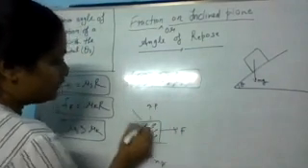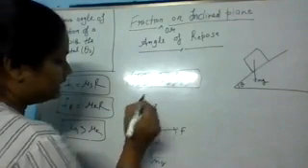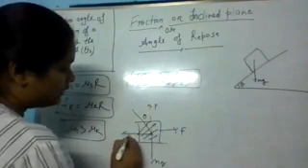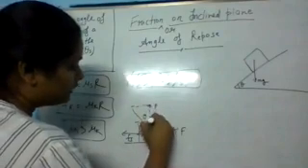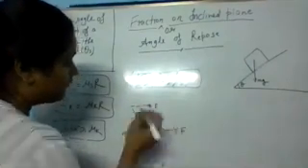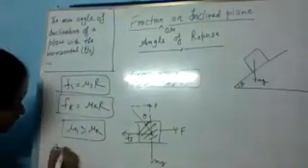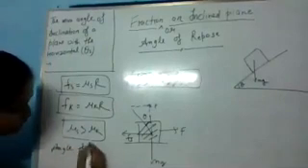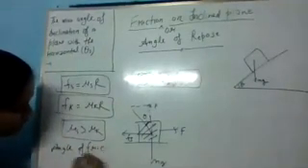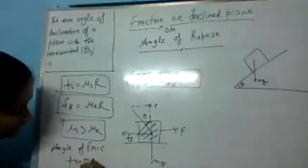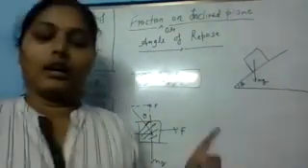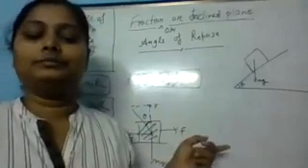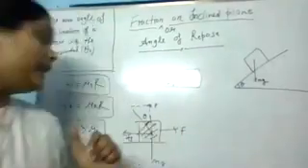And for the angle of friction, when this force is working like this and the reaction force is shifted by angle theta, and this is your static friction, we can easily find the angle of friction. The angle of friction is represented by tan theta. And what is the formula of tan theta? Perpendicular upon base.